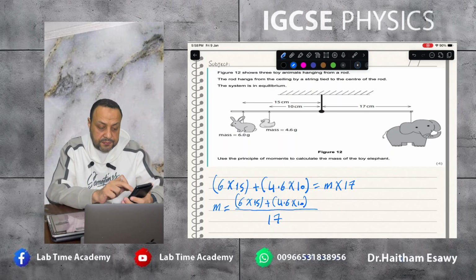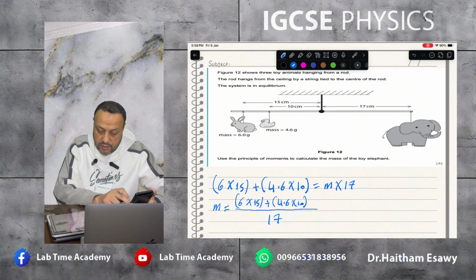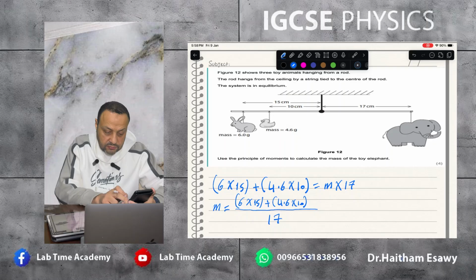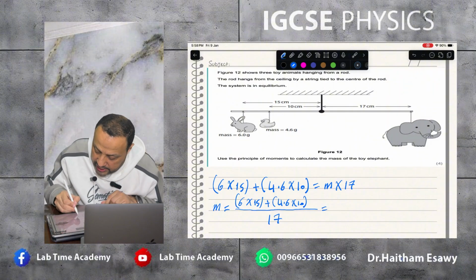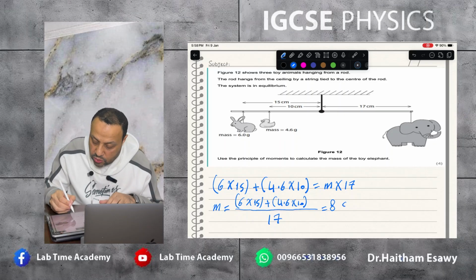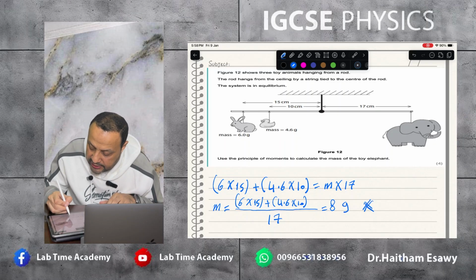Use your calculator. 6 times 15 plus 4.6 times 10 divided by 17 will be equal to 8. So equal 8. What about the units? The mass in gram. So it will be in gram. So it will be 8 grams.